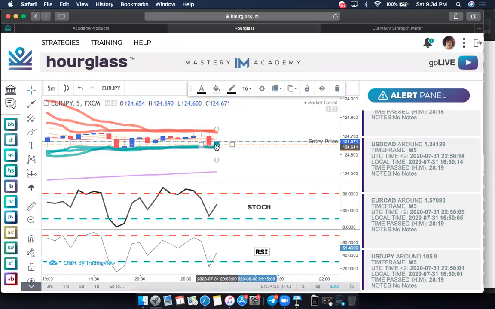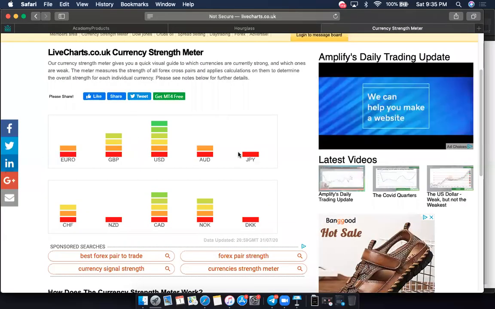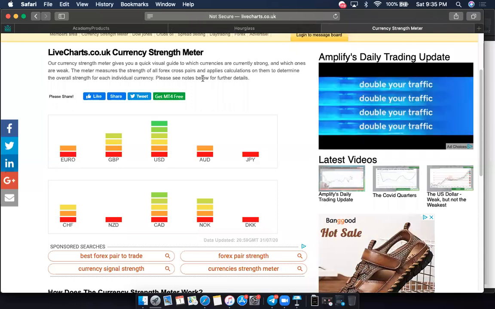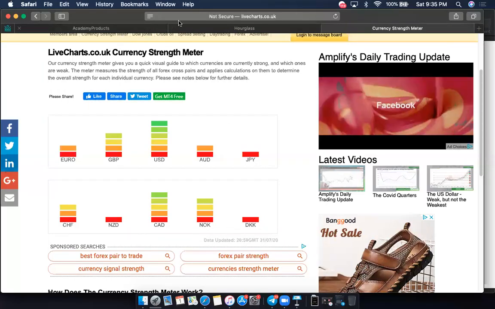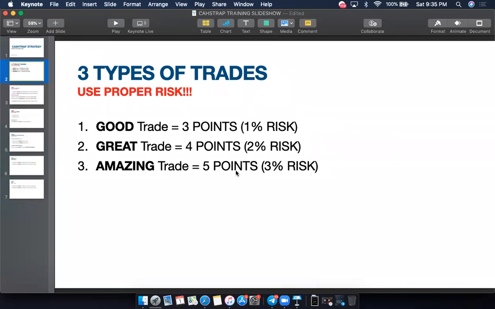So we got 3 points for the arrow, another 0.5 point for the purple line being in our favor, so that's 3.5. We have the currency strength in our favor, that's 1 point, so we have 4.5 points. And then we have the RSI in our favor, that's 0.5 point. That's a 5-point trade. So this is a 5-point trade. That means this is an amazing trade. That means we should be confident in taking this as a 3% risk.